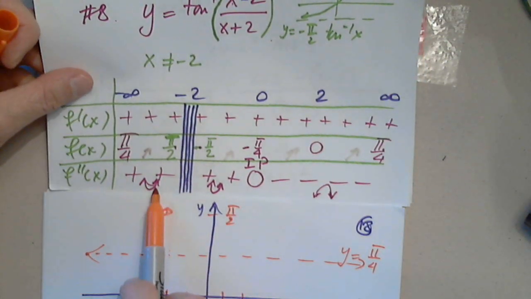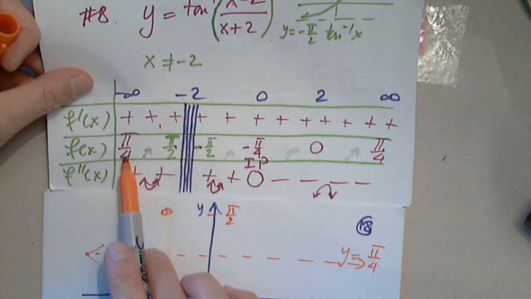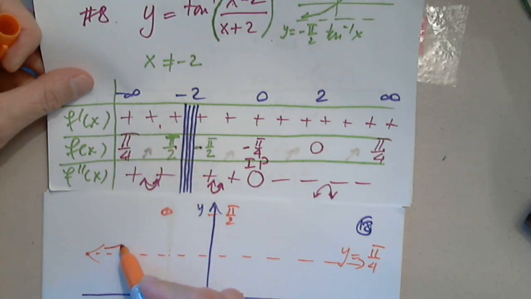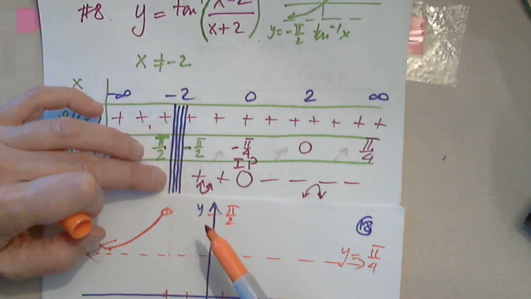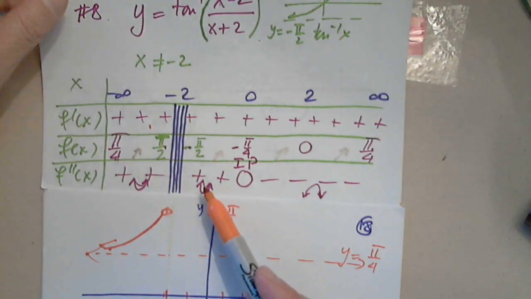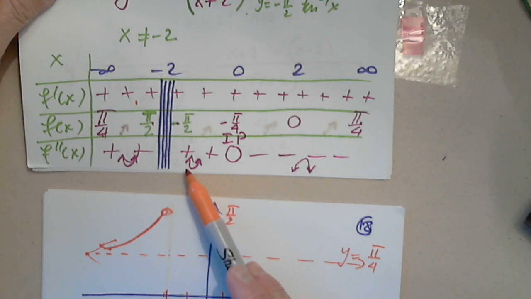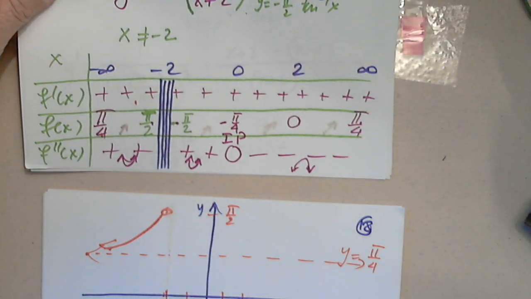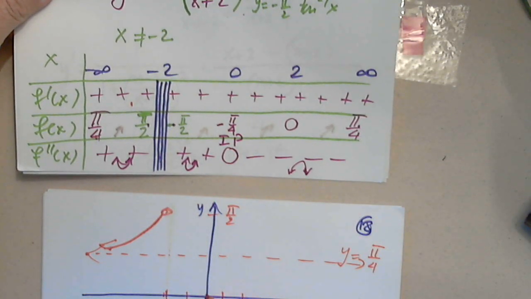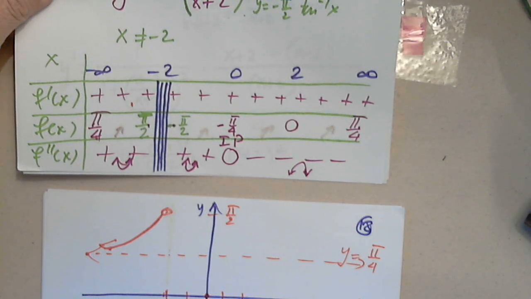So the function holds water, increases from pi over 4 to pi over 2. Then it's still opening up, going to 0, 0 where it has an inflection point.